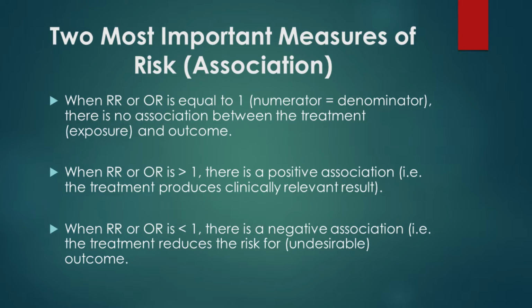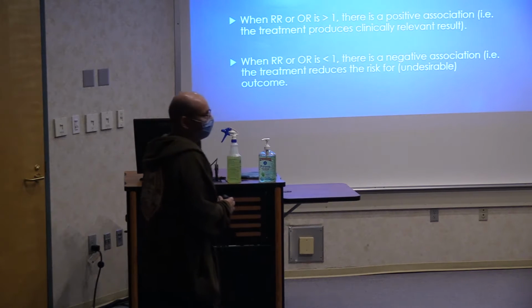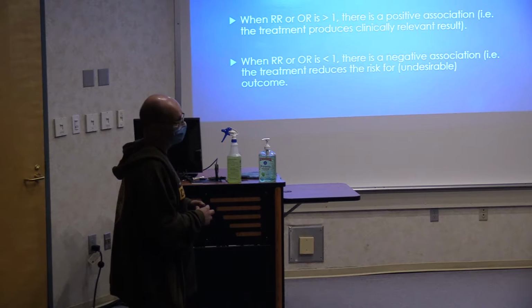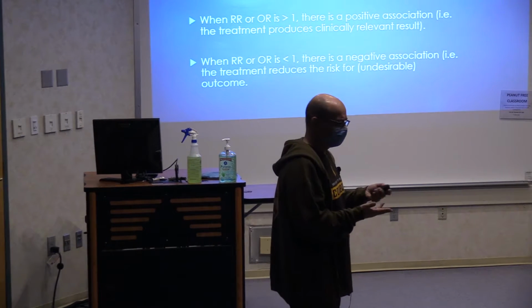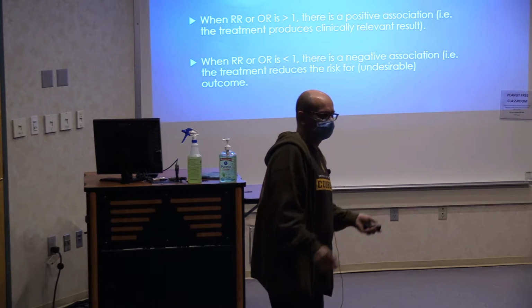When the risk ratio or the odds ratio is equal to 1, i.e. the numerator is the same as the denominator, remember, we're dealing with fractions, that simply means there is no association between the treatment and outcome. Because you're basically saying the outcome is the same in both groups. So this new treatment is not effective. It's not doing anything.